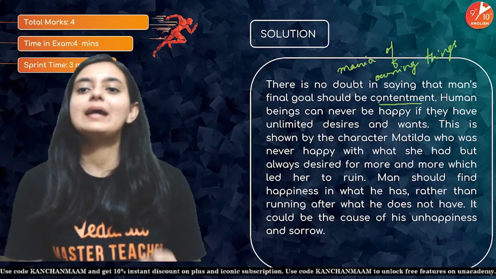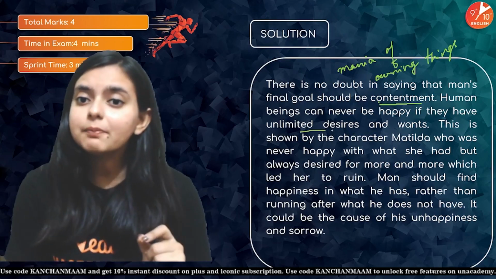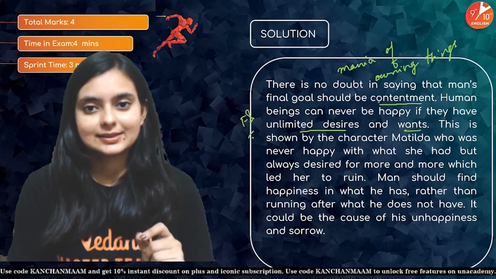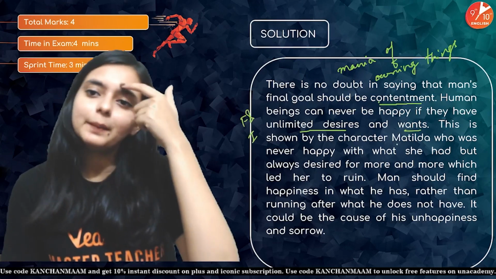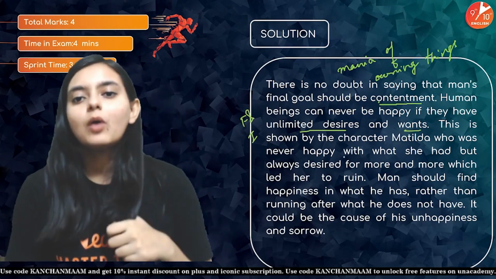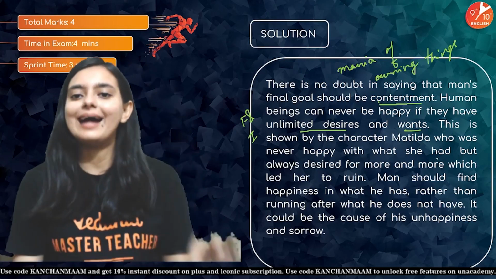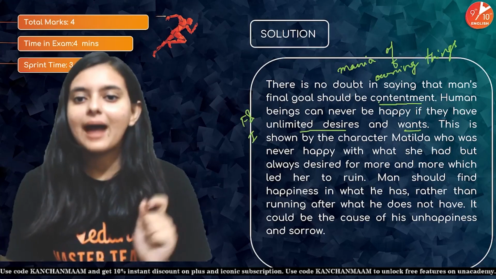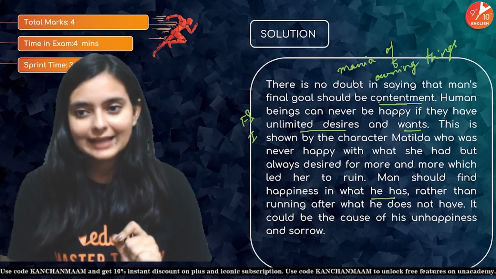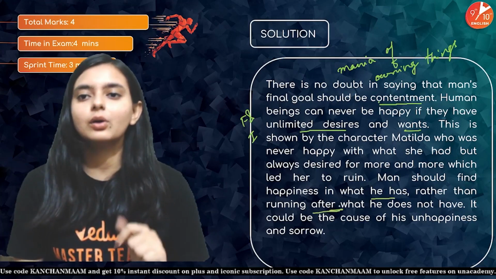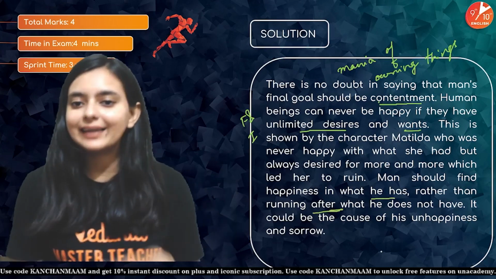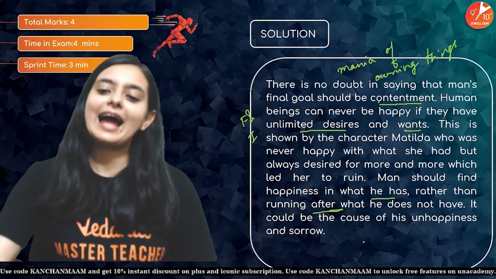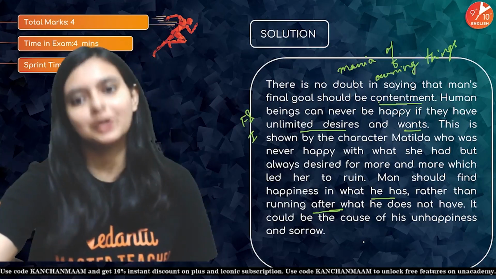Human beings can never be happy if they have unbridled desires and wants, and that leads to destruction, as in Fire and Ice. And this is shown by the character Matilda, who was never happy with what she had but always desired more and more, which led her to ruin. Man should find happiness in what he has rather than running after the mania of possessing things which we do not have. Materialistic pleasures are the cause of unhappiness and sorrow.